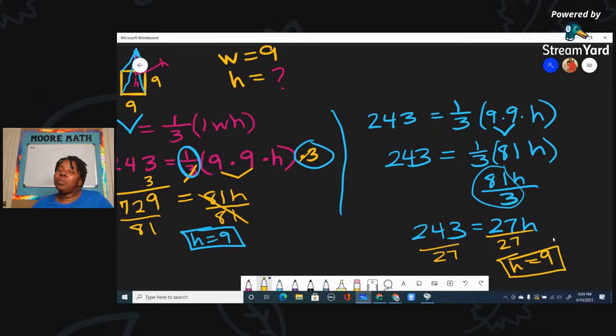Okay. I wanted to show you both ways because you have to understand math is not one dimensional. There's not one way that you have to learn math. If one way works for you, go with that way. But if it doesn't work for you, find a way that will work for you. I love when my students share how they solved it because sometimes they have a different way of solving it than even I do.